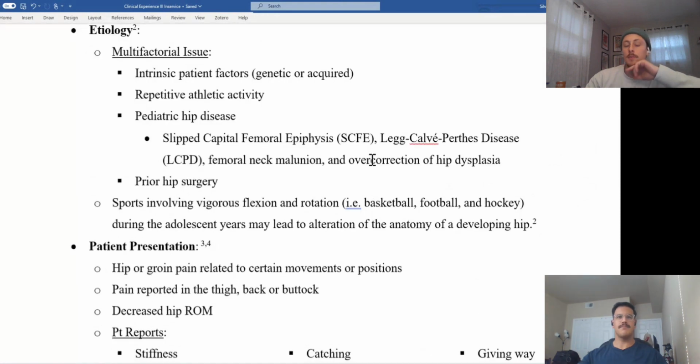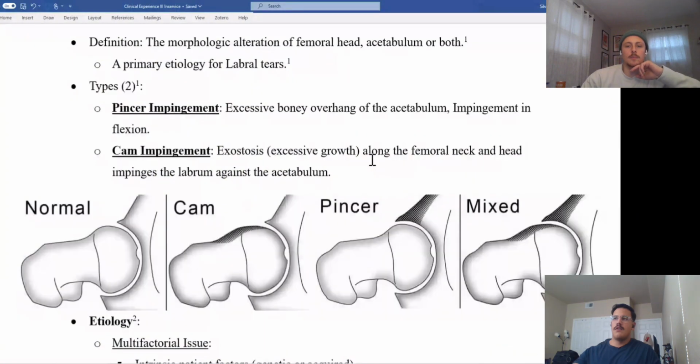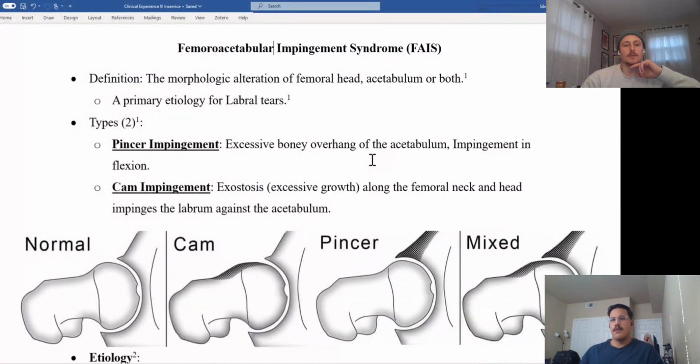Perfect. But my question is, are a lot of or all impingements due to bony change, or can you have impingement signs without any sort of morphological change? So you can have impingement signs, like snapping hip syndrome, but those go into other diagnoses.